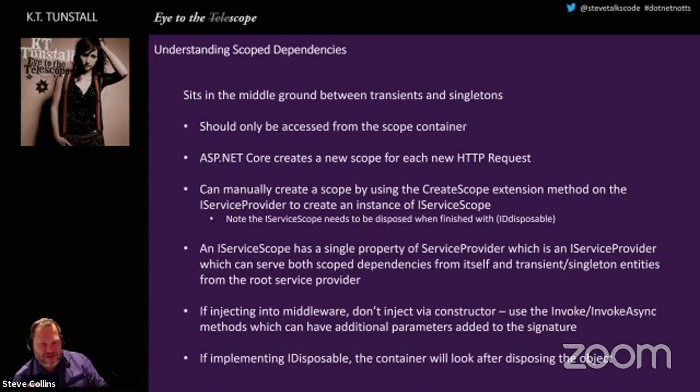So you could say, I need the IHttpContext of my request coming in, and you can put that on the Invoke method, whereas you couldn't put that on the constructor. Lastly, with a scope, again the big caveat, if the container has created the instance for you, it will look after IDisposable for you as well.